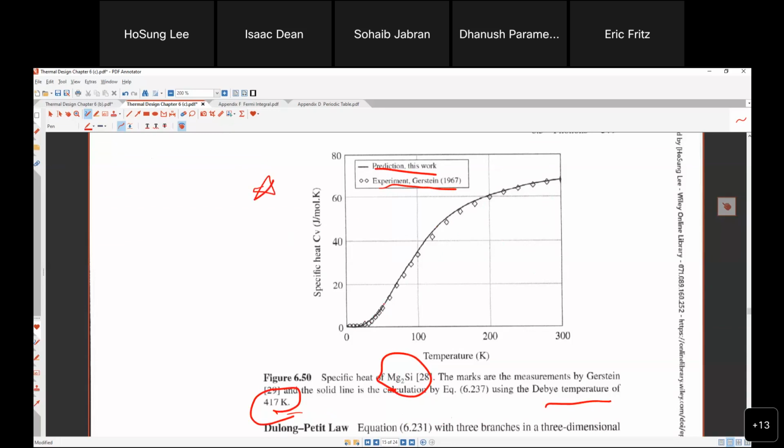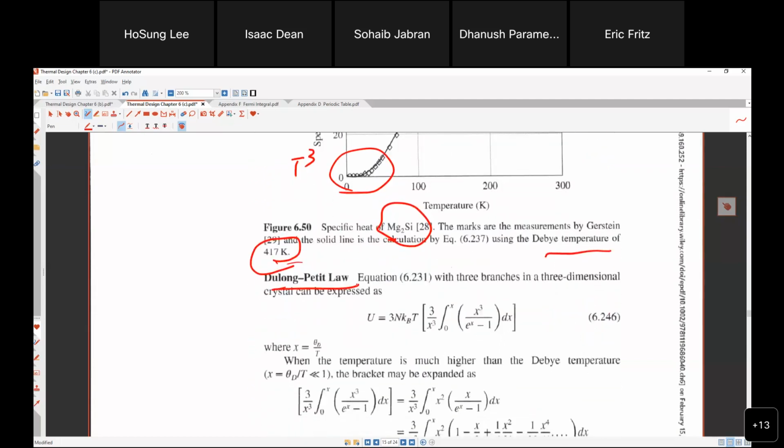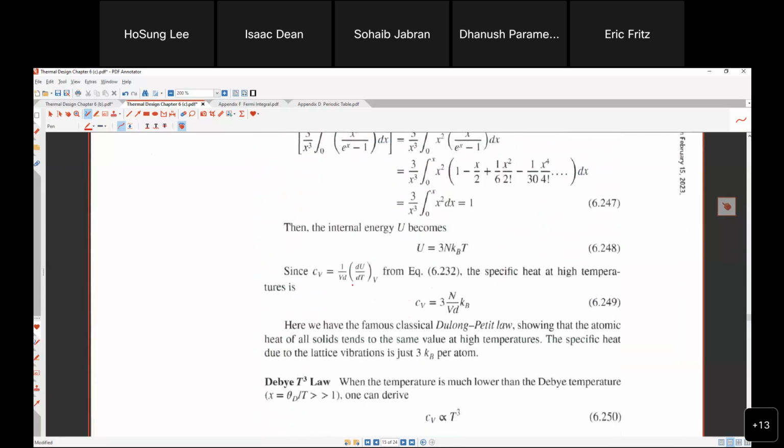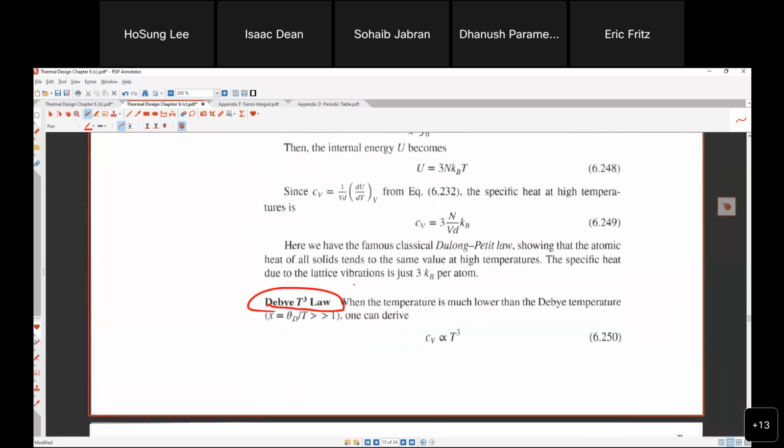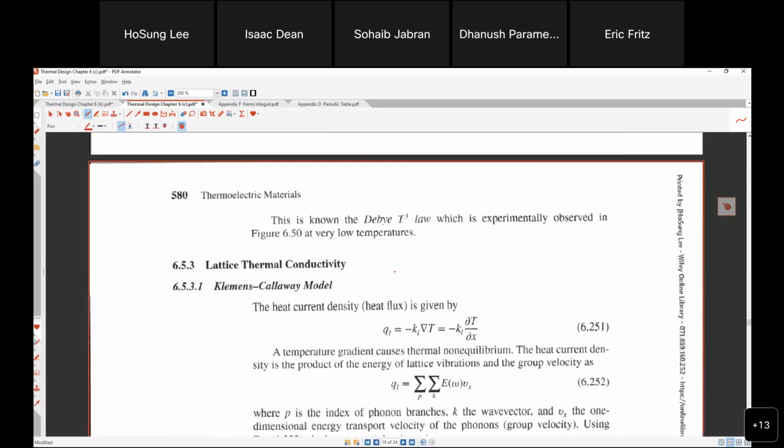Even at very low temperature, and then later higher temperature. This is the T power 3 law, and then here at large temperature is the Dulong-Petit law. It's all agreement, thereby the T power 3 law.